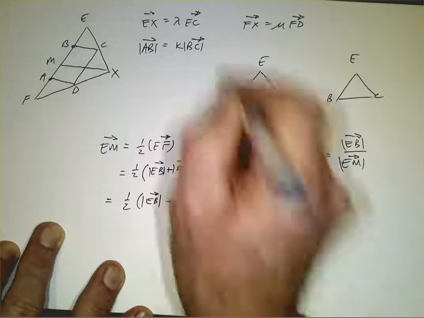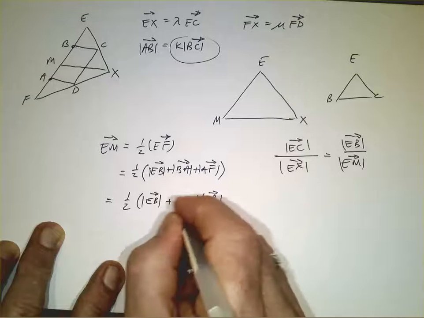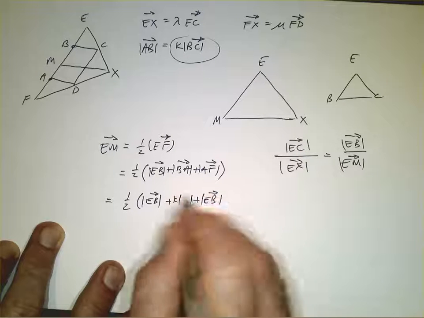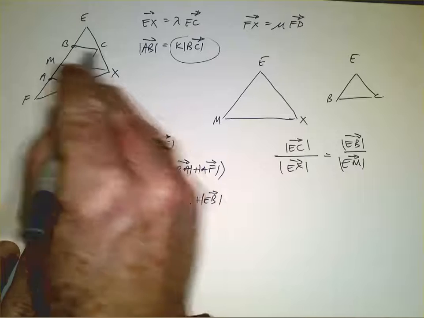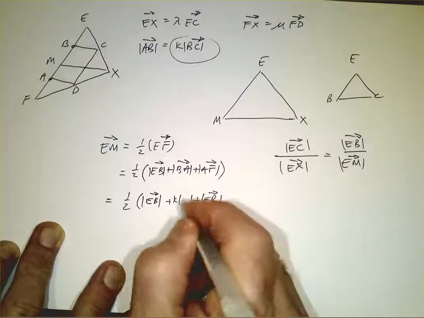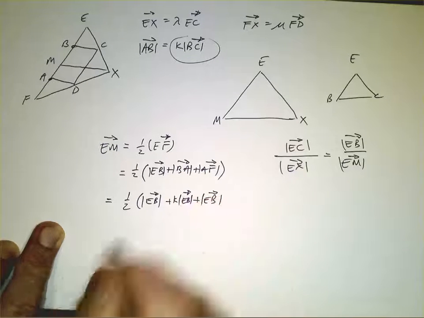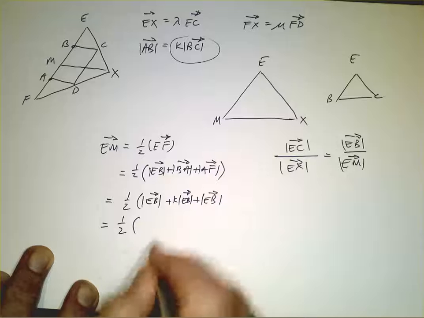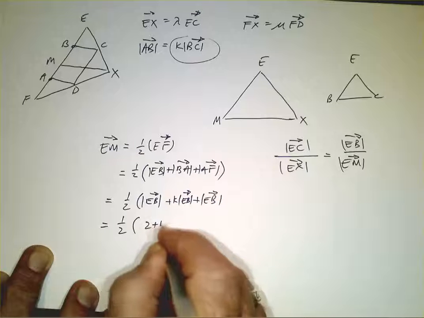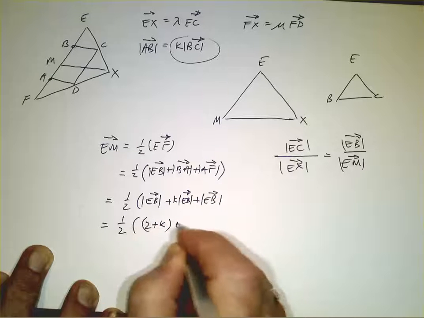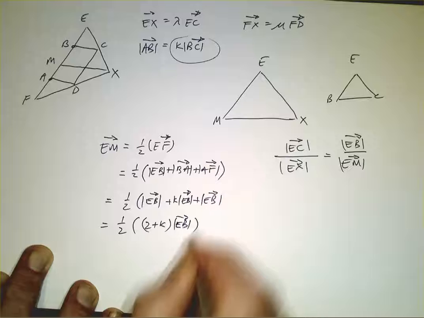And B to A is 1/2, or K, B to C, and B to C is the same magnitude as E to B. So it's going to be 1/2 (2 plus K) EBs, and they're all magnitudes.